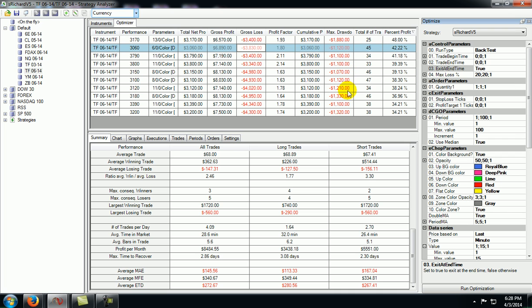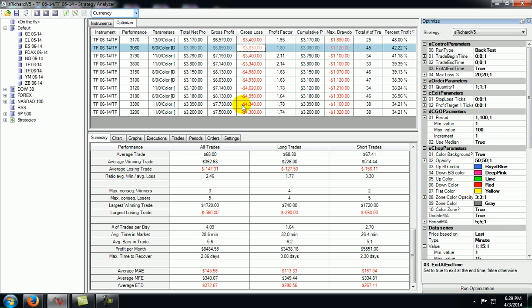So we've got a couple here where the drawdown is considerably lower. However, we're really pushing the limit on the number of trades, and the total net profit difference you see here is not that much. I mean, you're talking $330 difference from here to here, and this one's actually better because it trades less, and you come out with a little bit more total net profit.